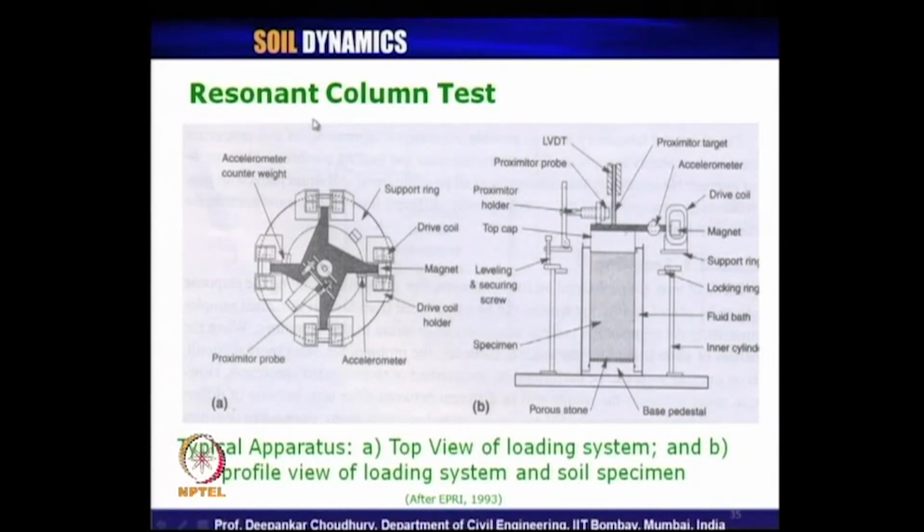You apply different frequencies, find out the resonant frequency and use that to obtain your shear wave velocity expression based on the boundary condition. Boundary condition is very important, whether it is fixed fixed or fixed free. Depending on that, the fixity length of your soil column depends.